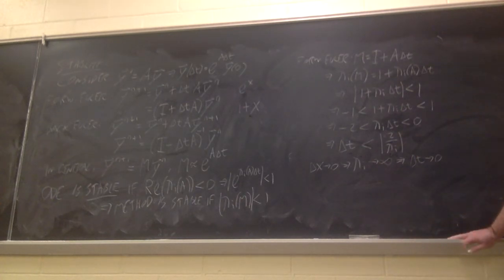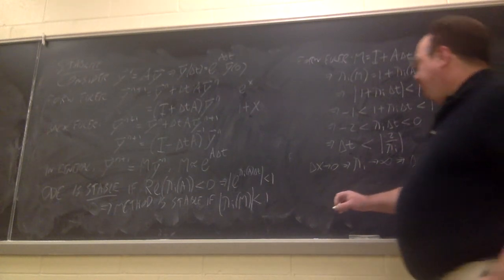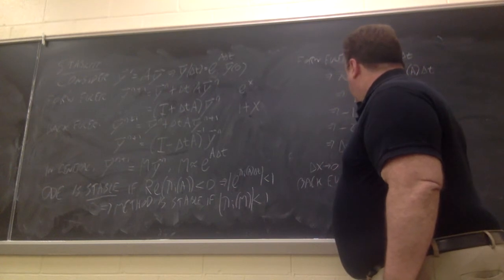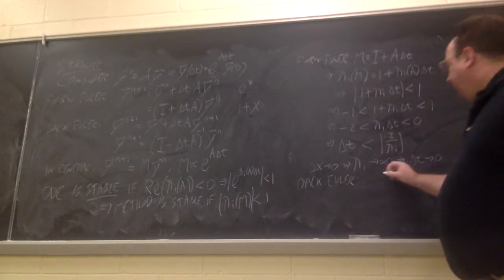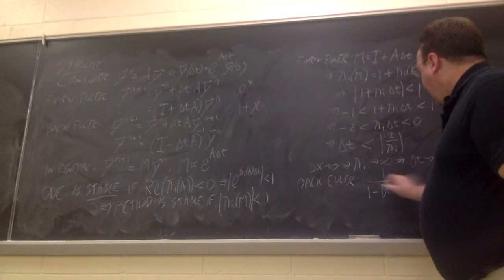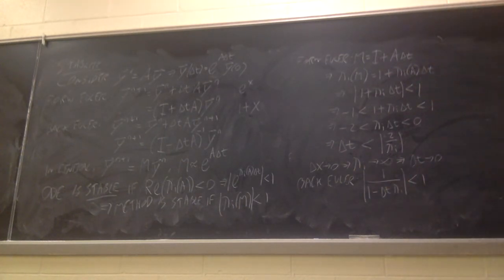Working on it. So that's forward Euler. And explicit methods tend to have this kind of restriction. Now, what about backward Euler? So I'm going to have this situation: the absolute value of 1 over 1 minus delta t lambda must be less than 1.